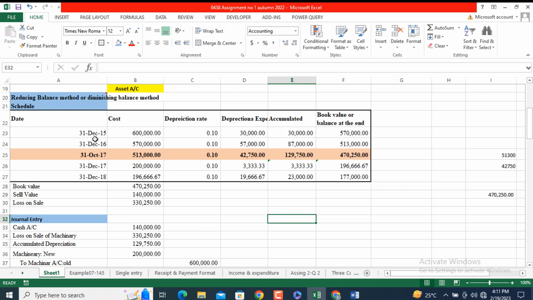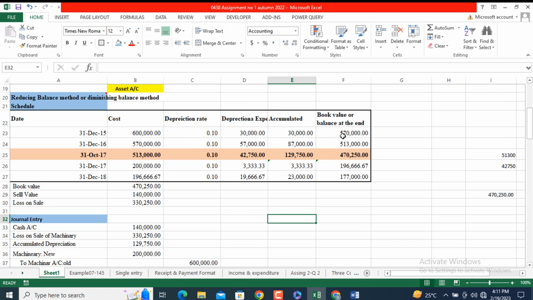So on 31st December 2015, I am going to record this amount of depreciation expense and accumulated depreciation, the same year 30,000, it will remain the same. The balance at the end will be obtained by subtracting this depreciation expense from the cost.